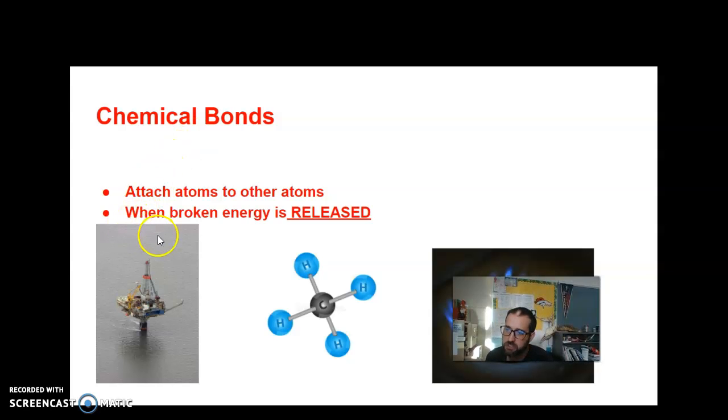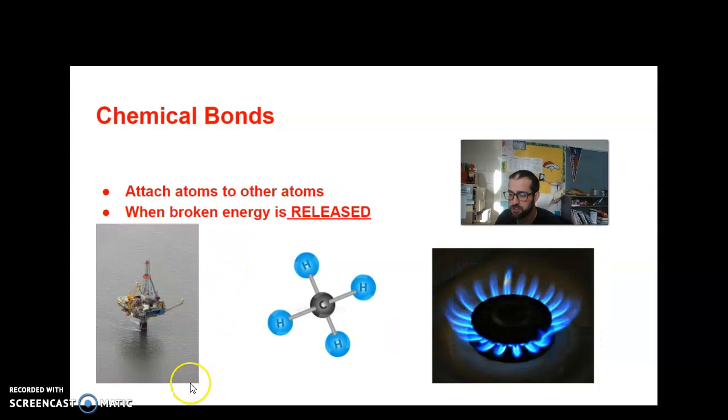The second bullet, when you break a chemical bond, energy is going to be released. So let's go through this little picture progression down here. Let's start on the bottom left. All right, so here's an oil platform, oil and gas platform. So out in Cook Inlet right now, they're pulling out oil, pulling out natural gas.